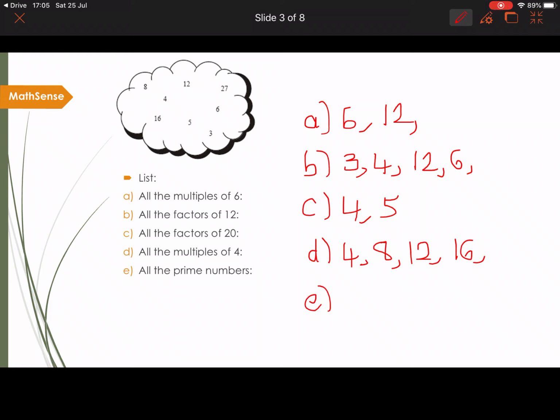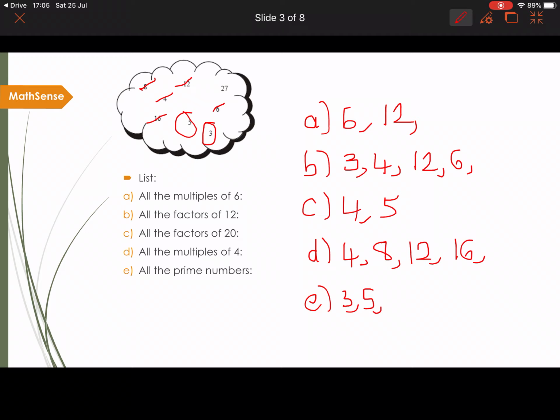Finally, question E asks us to list the prime numbers. Now I know that 3 is a prime number because it only has 2 factors, 1 and itself. I also know that 5 is a prime number because it only has two factors, 1 and itself. 4 can't be because it's an even number. 16, 8, 12 and 6 cannot be prime because they are even numbers, which means that 2 definitely goes into them.